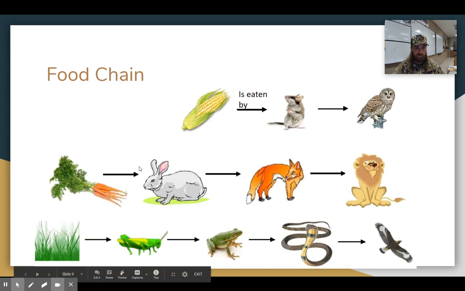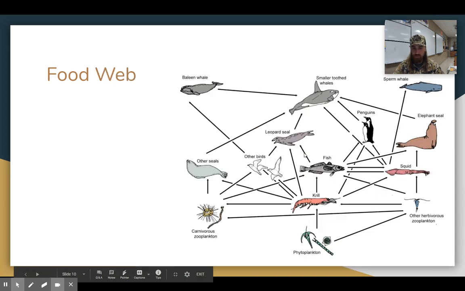A rabbit is also a food source to a lot of animals, but the food chain's not showing that. So this is a very simplified, quick, and easy answer. This is more complex. And let's be honest here, this food web is still not that complex. If you actually made one for an ecosystem, which you guys will do eventually, you'll realize how much more complex this can actually get, depending on how many species are in the environment.